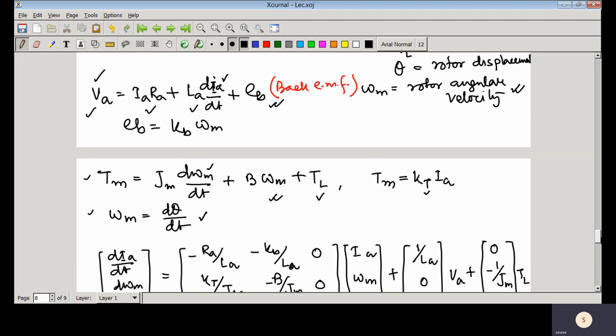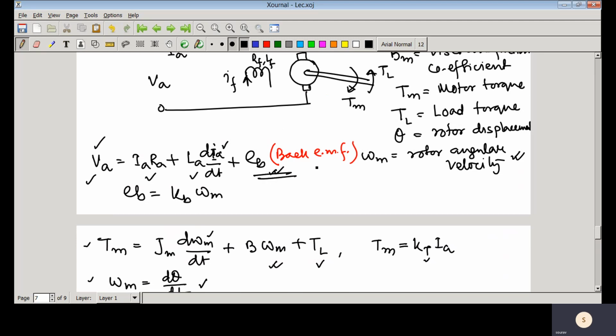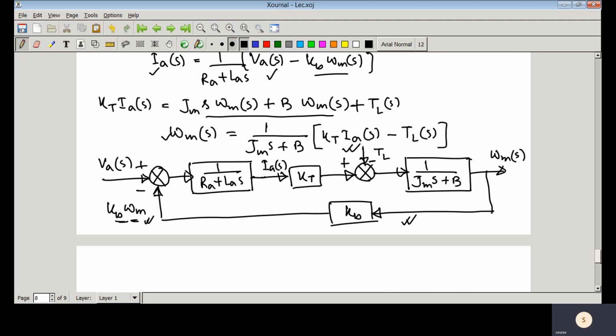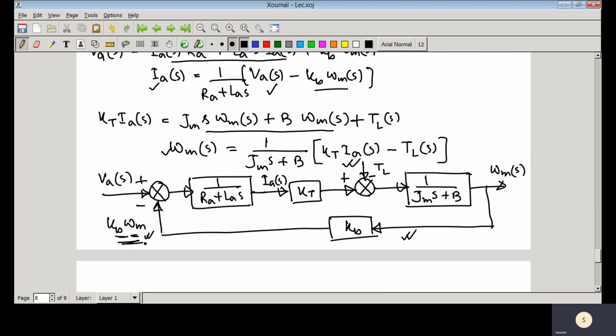You can see here EB equal to KB into omega M, and here KB into omega M is nothing but the back EMF. So this feedback is established in the DC machine through the back EMF.